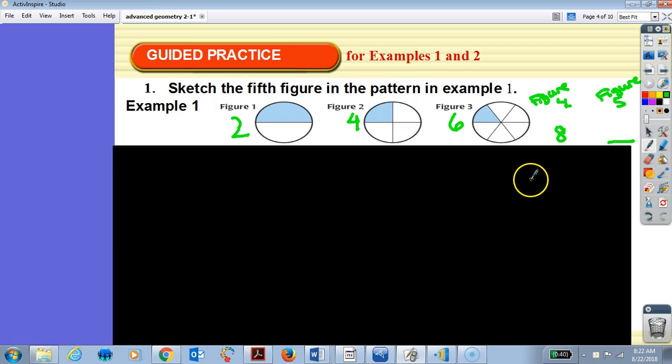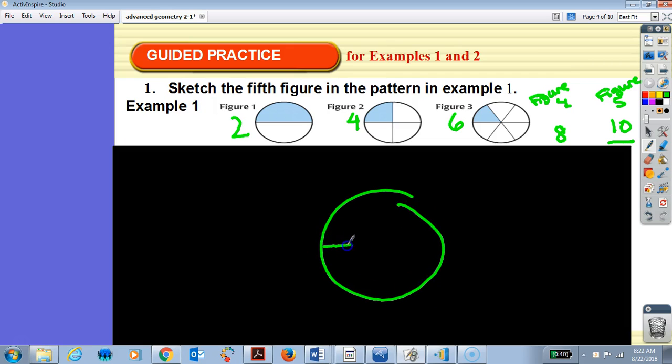How many slices of pizza? 10. And we're going to shade the furthest left above that midline. And that's what it should look like.